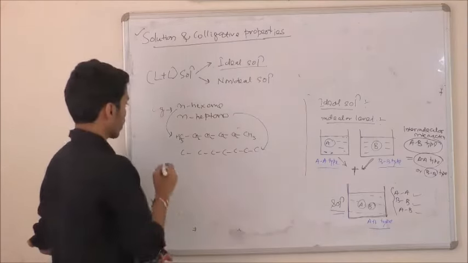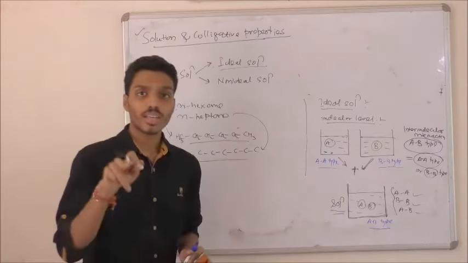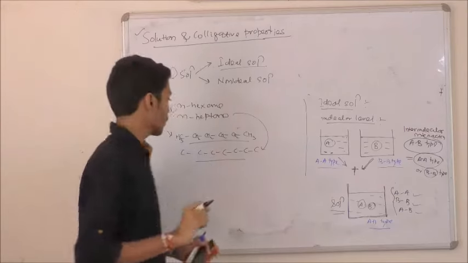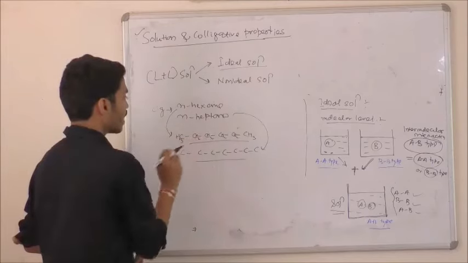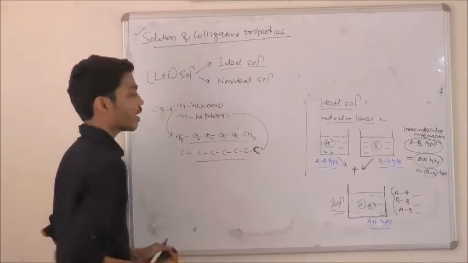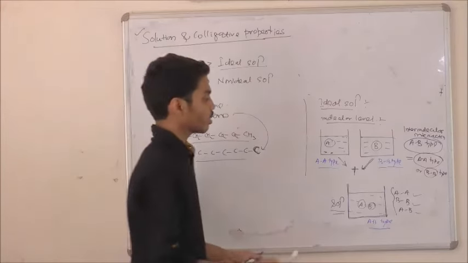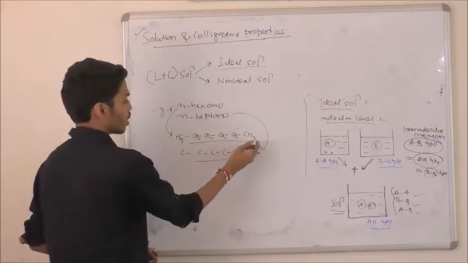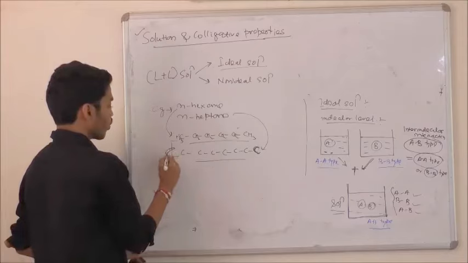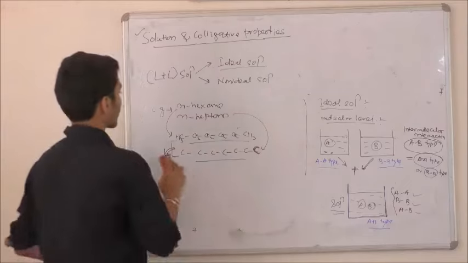I'm writing the hydrogens here. So when we add n-hexane and n-heptane, we get a solution, and that solution is an example of an ideal solution. And if I ask why, it is because n-hexane and n-heptane are of similar type. The only difference is that here one carbon atom is more. So when we add them, it has mostly been seen that the molecular interaction in AA type or BB type is the same as the molecular interaction when we add these two liquids. So this was the example of an ideal solution.